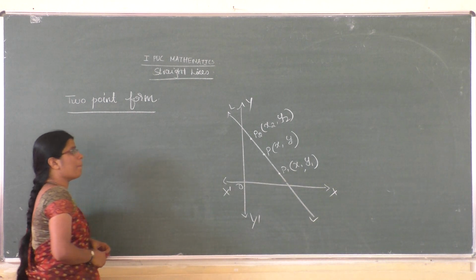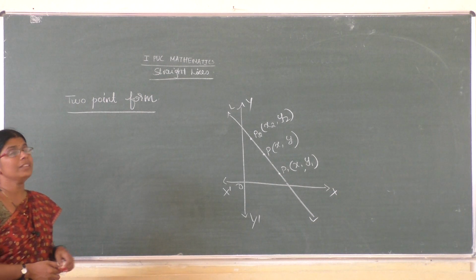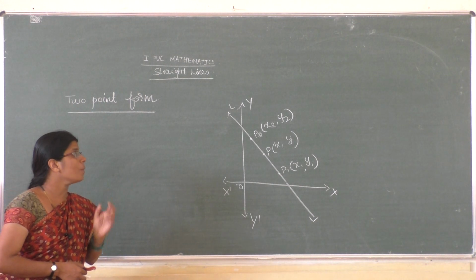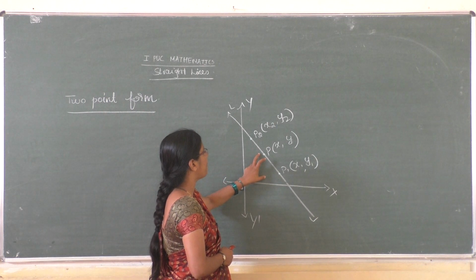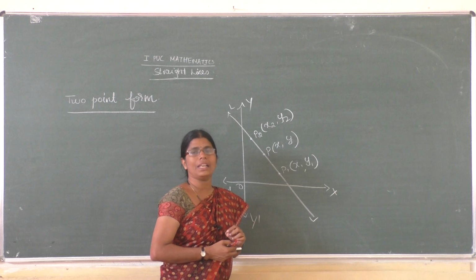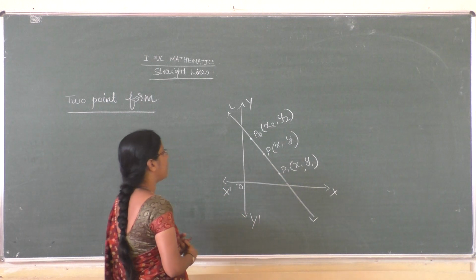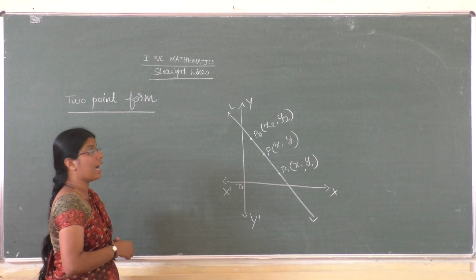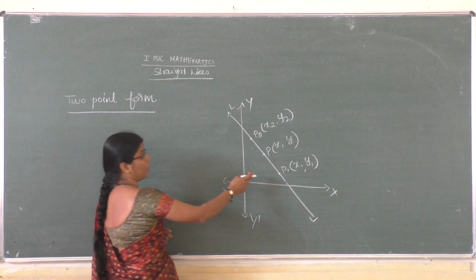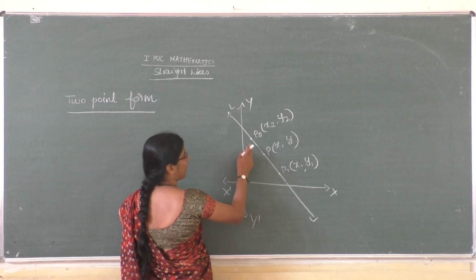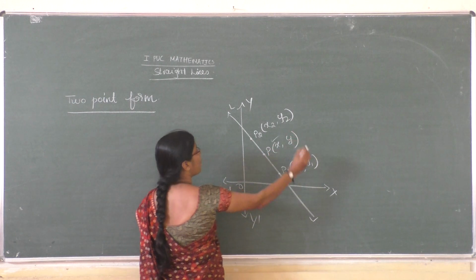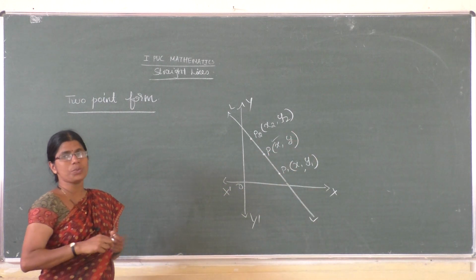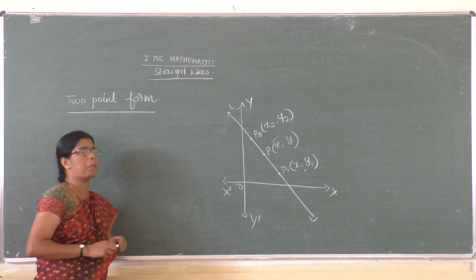If the 3 points are collinear, then the slope of P1P and the slope of P1P2 are equal. Why are we not taking P1P and P2? Because P is a general point, so only once we have to take the general point.